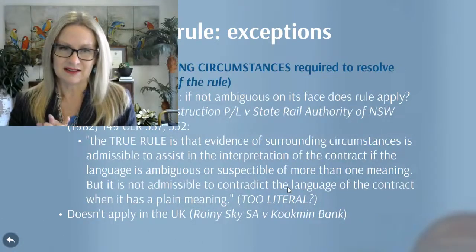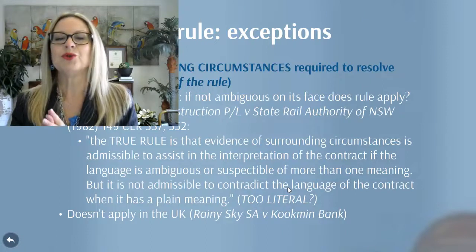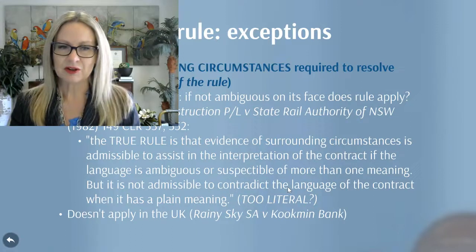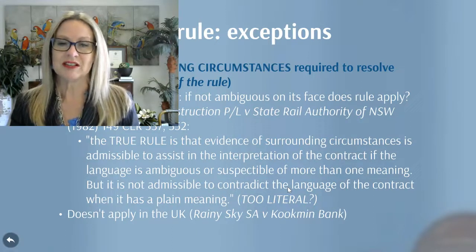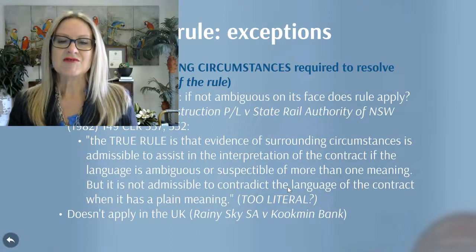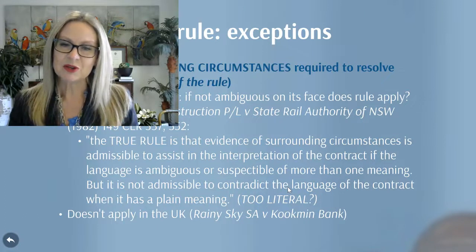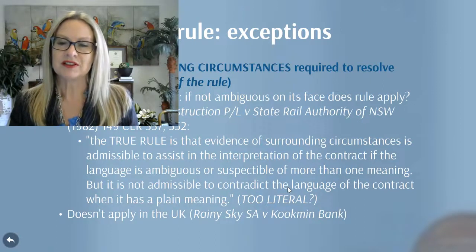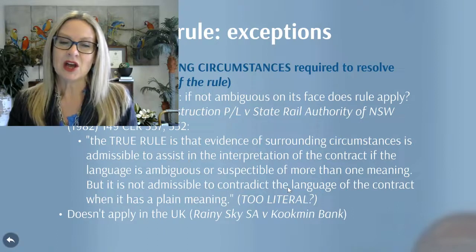And he said in that case, the true rule is that evidence of surrounding circumstances is admissible to assist in the interpretation of the contract if the language is ambiguous or susceptible of more than one meaning. But it's not admissible to contradict the language of the contract when it has a plain meaning.